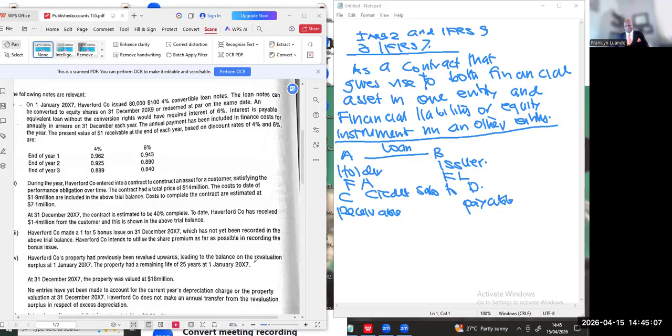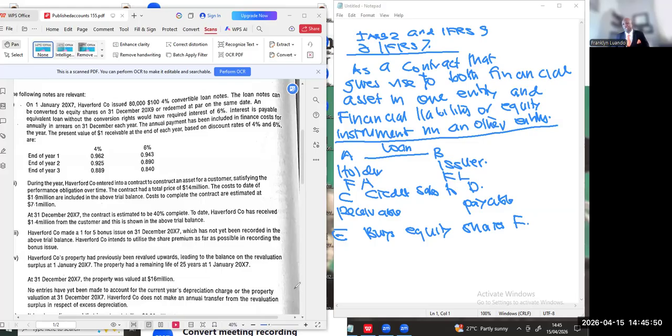Number 3 illustration, we have E buys equity shares in F. Now, these equity shares do not give E control, no significant influence, meaning there is no parent, there is no subsidiary.